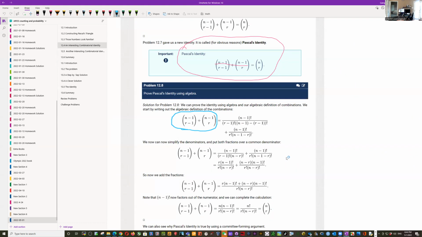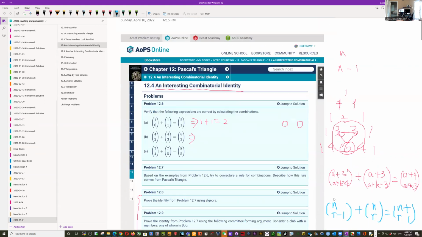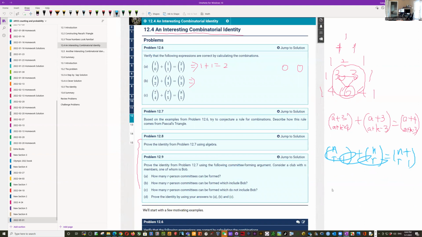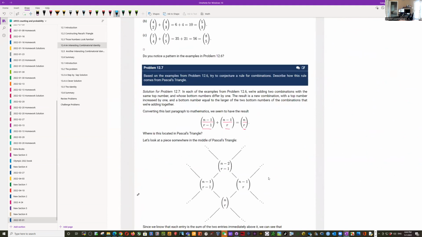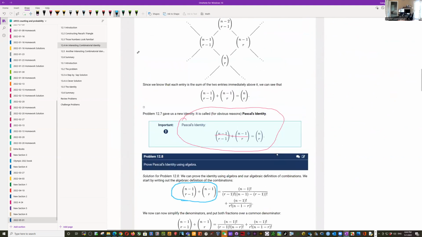It's using n minus r. Using n or n minus r, it doesn't really matter. Basically, if you use n, you just prove likewise. It's just plugging in the definition.